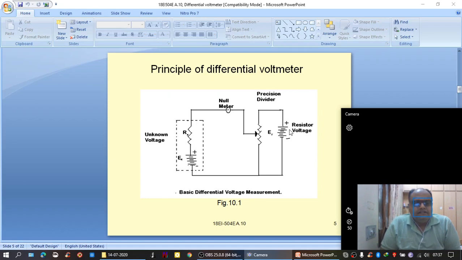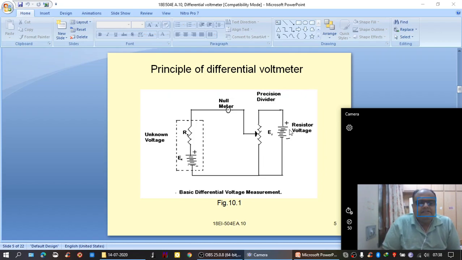That indicates infinite input resistance. That means even though the meter is connected across a portion of the network for voltage measurement in that network, the meter is drawing zero current.